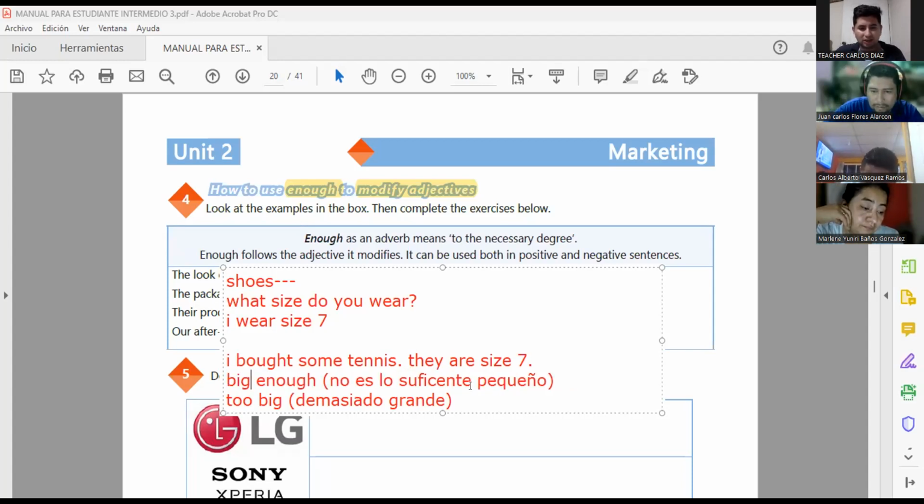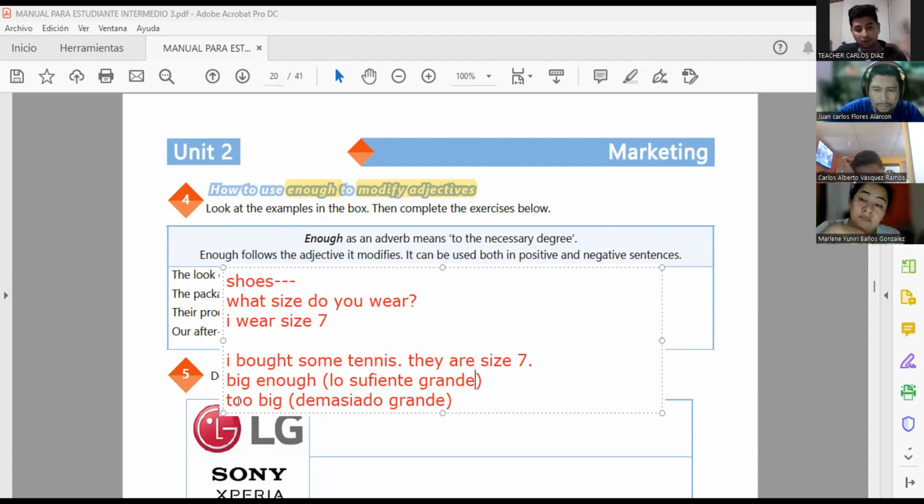The shoes are big enough, teacher. Good gift. You see? Big enough. Are you listening? Yes? Okay, so big enough.